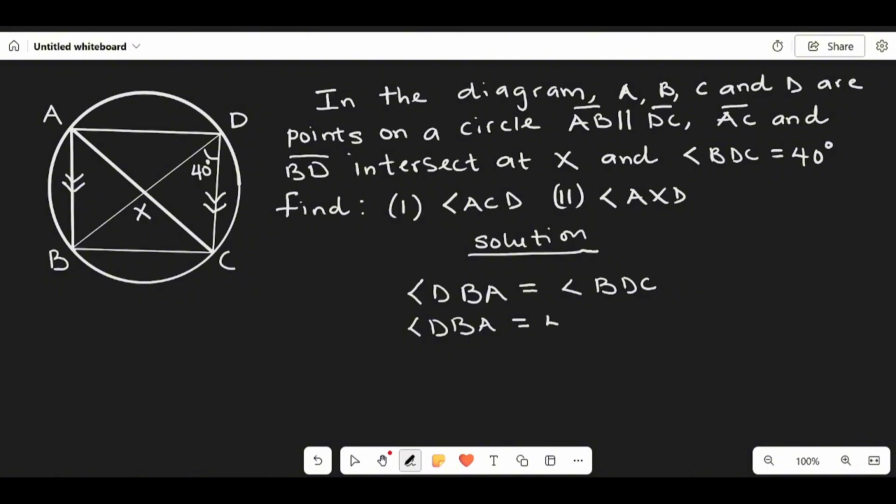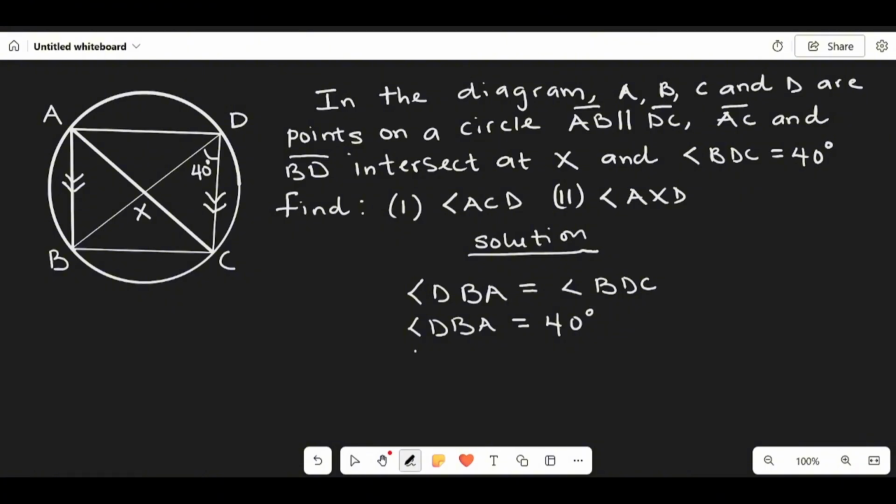So 40 degrees. Angle ACD and angle DBA are angles on the same segment standing on chord AD, and they are equal to each other.